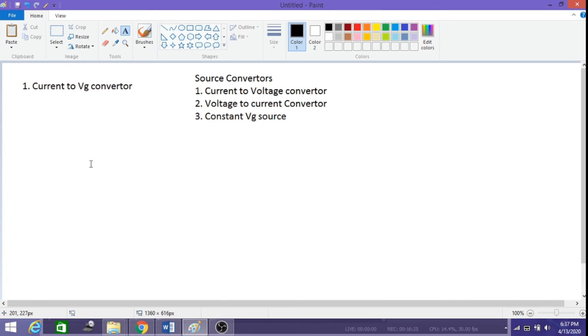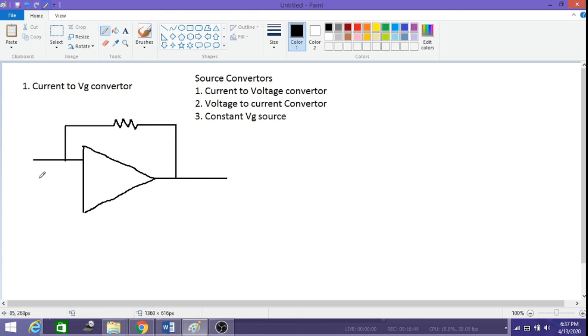The circuit looks similar to our inverting amplifier. Let me write here, there is only a small change. This is our non-inverting terminal, this is the inverting terminal.